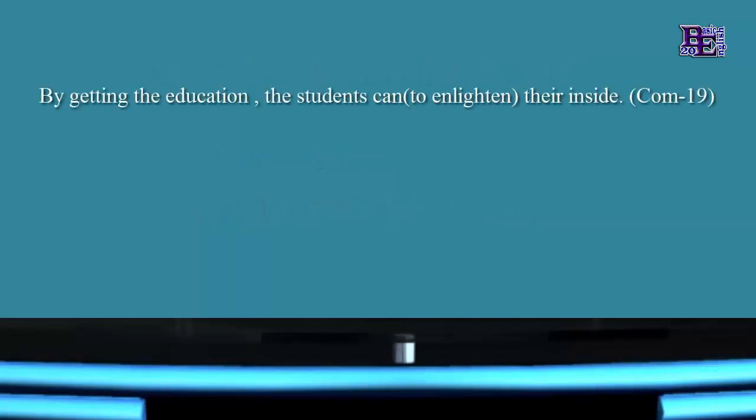And the next question I have selected from Kurmitola Board 2019. Here the question is, by getting the education, the students can, in bracket you'll get to enlighten, and outside of the bracket their insights. That is, by getting the education, the students can dash their insights.